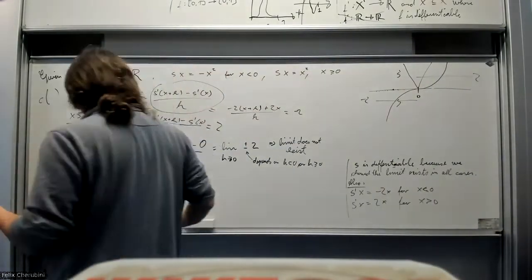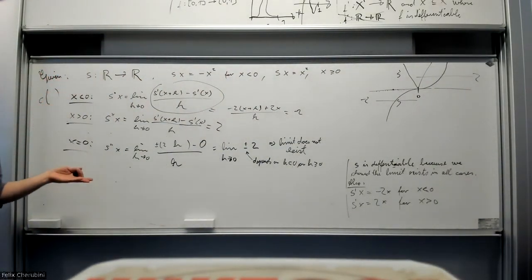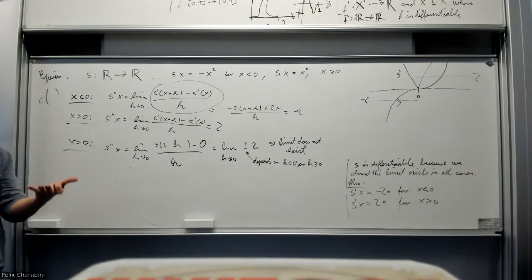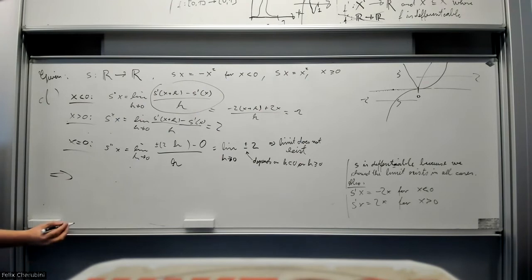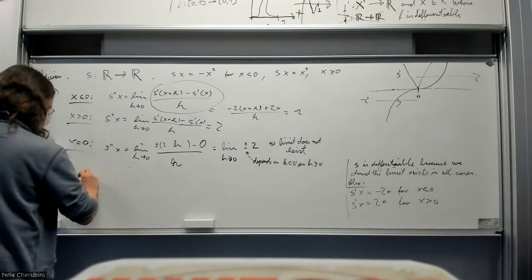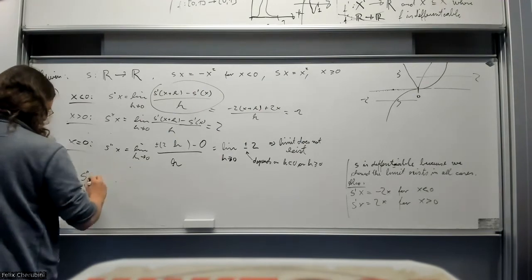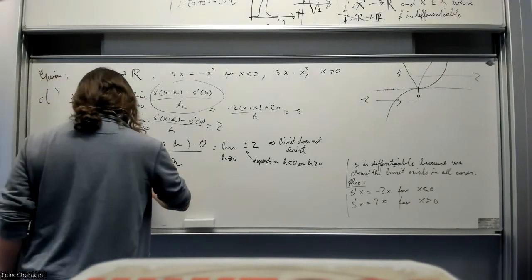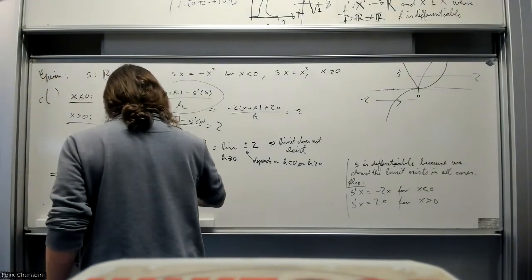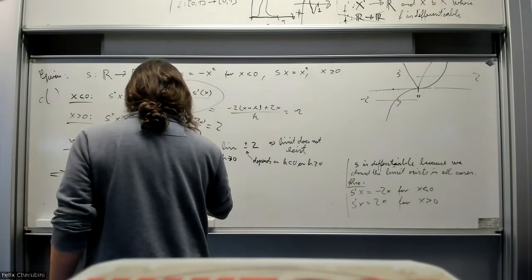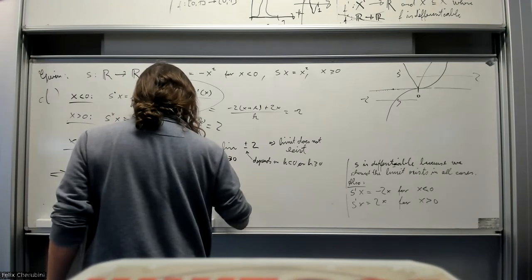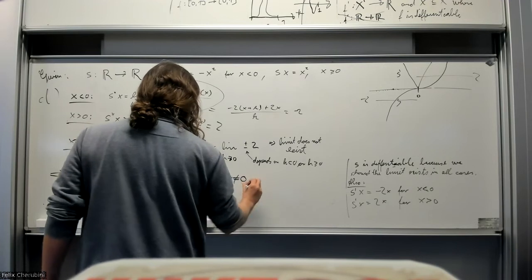Now I guess this is also important. Don't just do the calculations, draw a conclusion from it that shows us that you know what this means. So you have to say something like: S prime is differentiable for all x in R, x not equal 0.